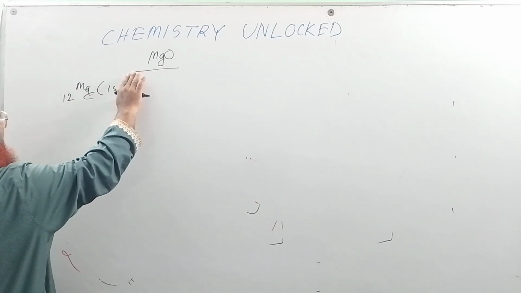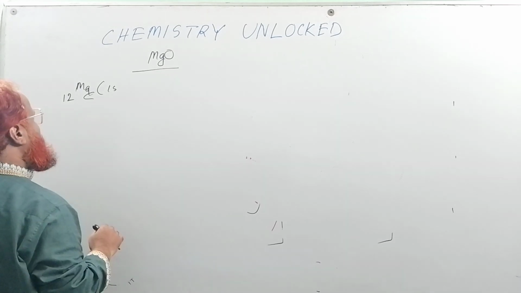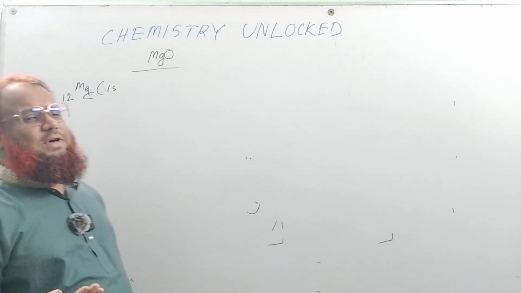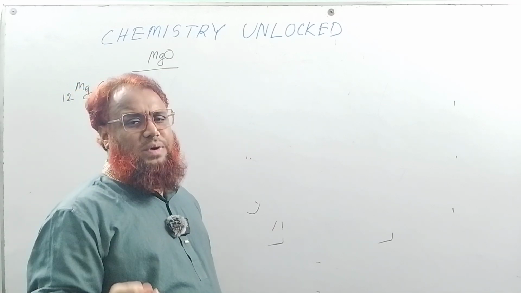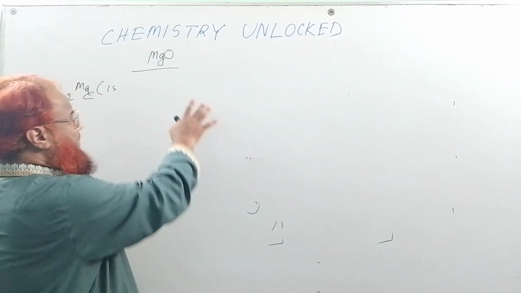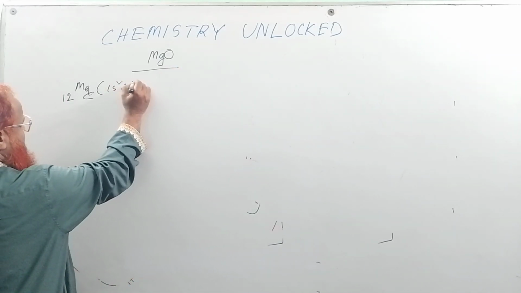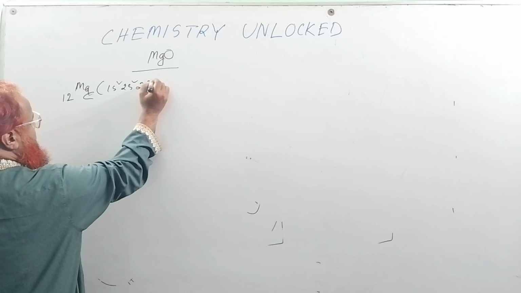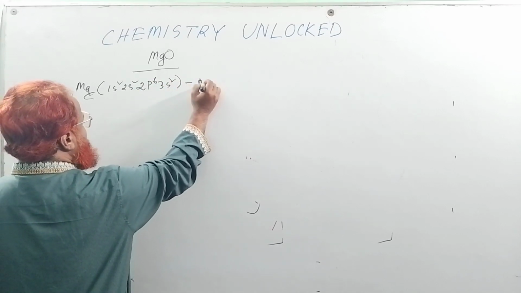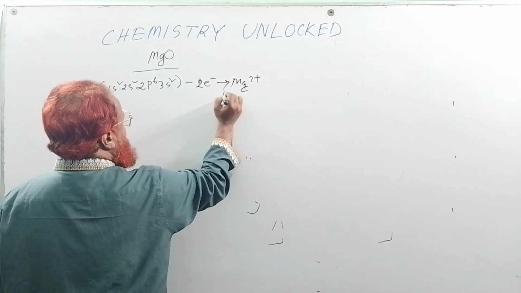Here both atoms, magnesium and oxygen, have valency 2, but in our previous 2 compounds, calcium valency was 2, but chlorine was 1, magnesium was 2, chlorine was 1, but here both of the elements have valency 2. 1s2, 2s2, 2p6, 3s2. So magnesium will donate these 2 electrons and it becomes Mg2+, like this.